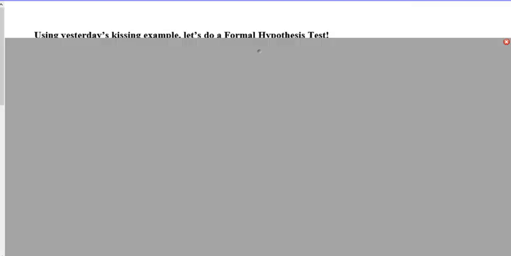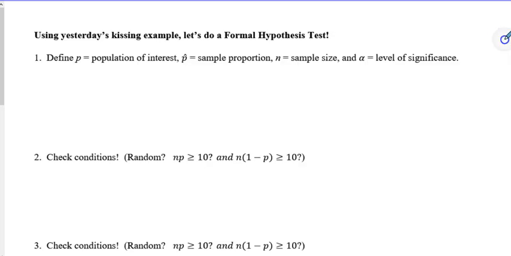All right. Now, we're going to go back to the kissing example from yesterday. Actually, don't leave this here. Okay. So we're going back to the kissing example. Who kisses right? So up to number one, we're going to do 1, 2, 3, 4 things. So first off, we're going to say p.